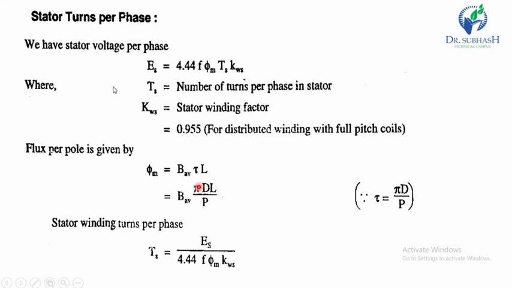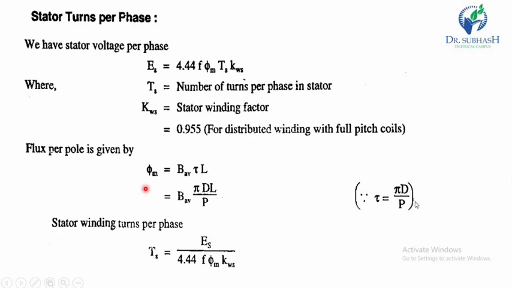Now phi from our specific magnetic loading, the equation we derived: BAV is equal to P phi by pi d l. So from this equation we have phi equal to BAV tau into L, where tau is our pole pitch, and pole pitch we defined as the total periphery divided by the number of poles.